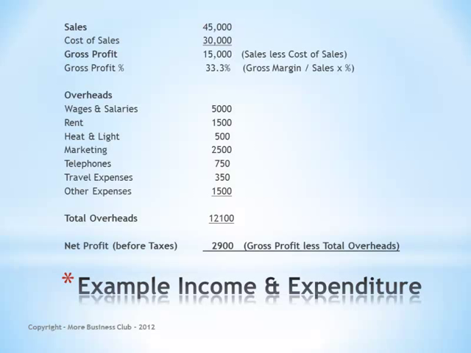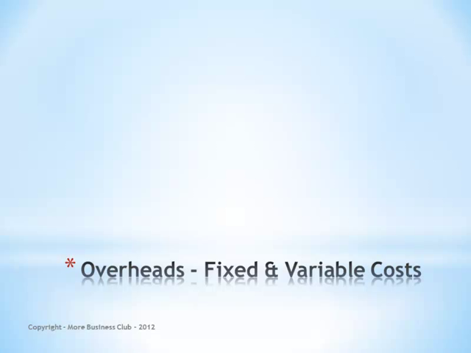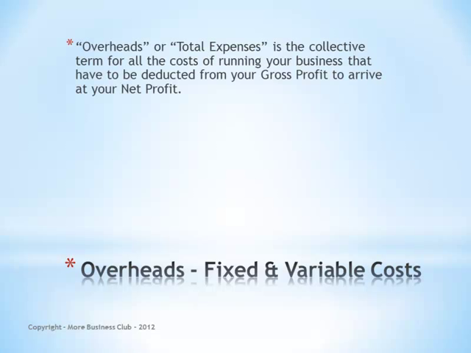So you'll see then that we have now made a net profit before tax of £2,900, which is the gross profit less the total overheads. One more thing I'd like you just to note at this point, that overheads can be split into two categories.